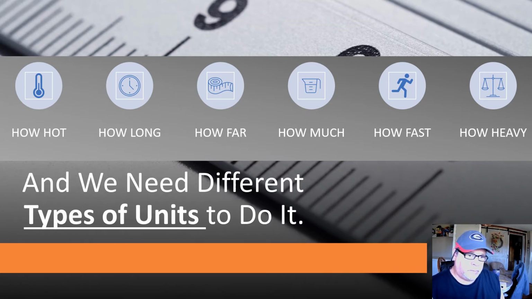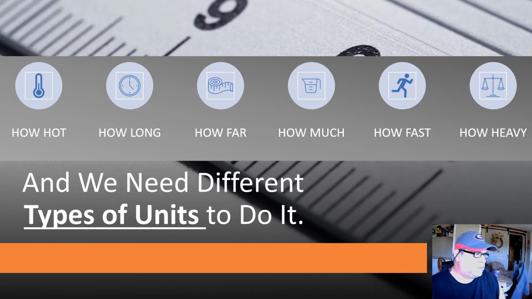All right, how long? Well, some units: seconds, minutes, hours, days, years, centuries, millennium. All those are units of time. All right, how far? We could think of a lot of different units: inches, feet, that type of thing. Or you can measure miles, for farther distance.